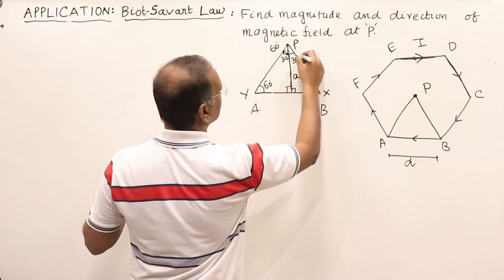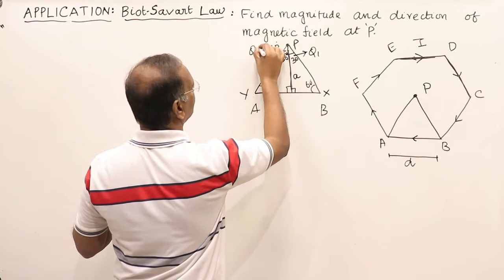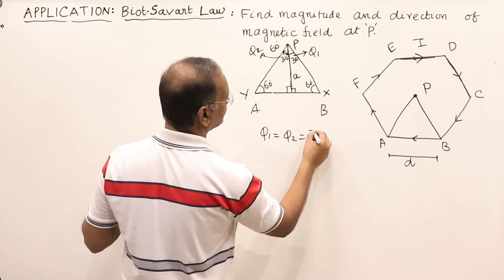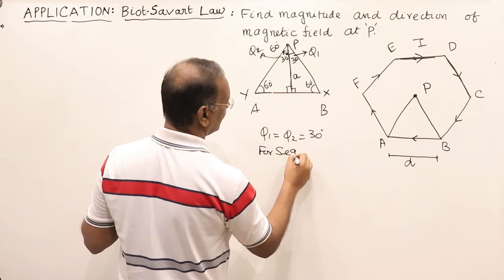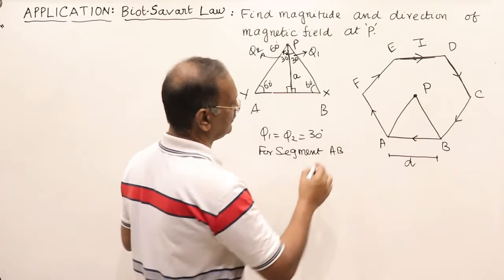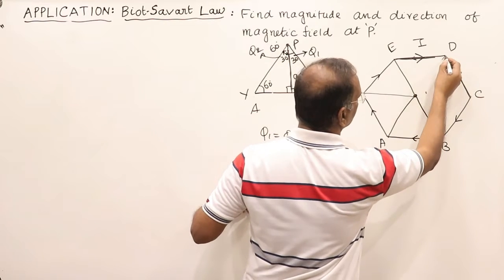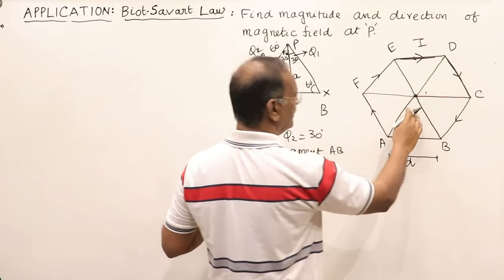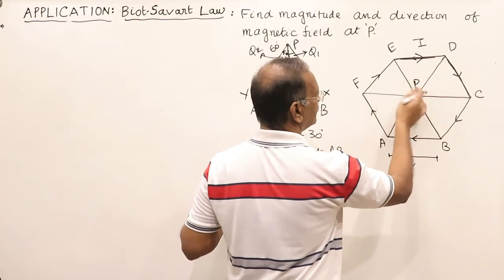Here this one is phi 1 and this one is phi 2. Therefore phi 1 is equal to phi 2 is equal to 30 degrees for the wire segment AB, and of course the others will also be the same in magnitude. So if you find the magnitude produced by this segment at point P, and by each of the others at P, all will be the same.